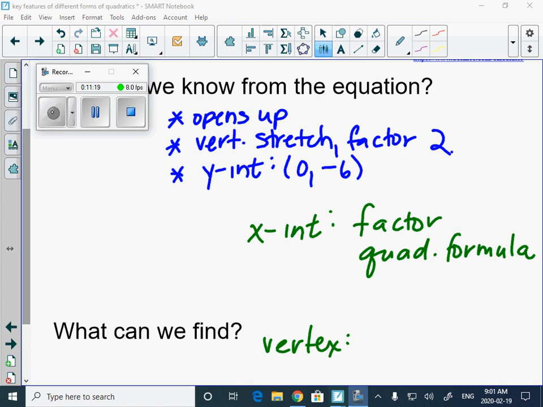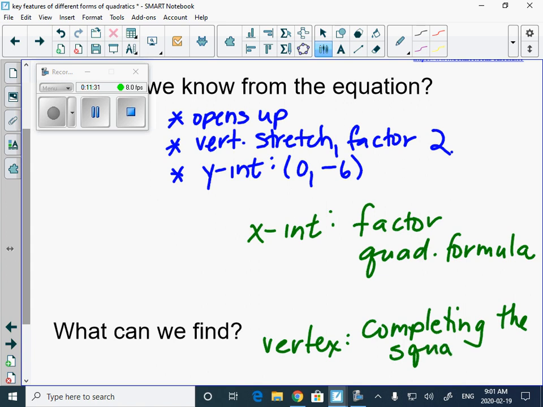We have two options as well for finding the vertex. The first one is completing the square, which we have looked at. The second option is once you have the x-intercepts, you can average them like we did on the first slide.